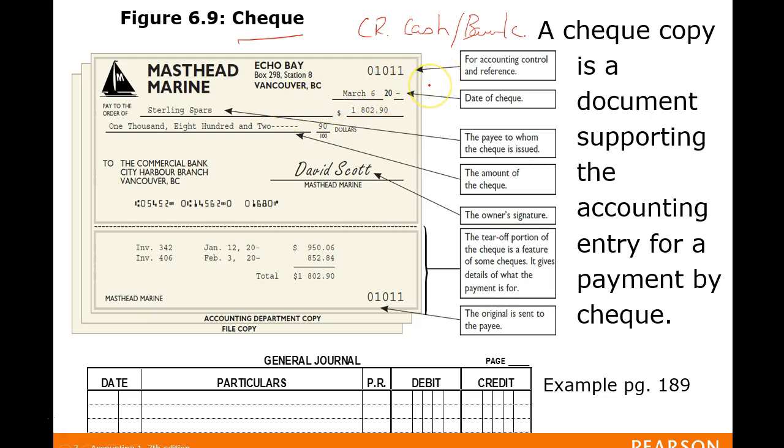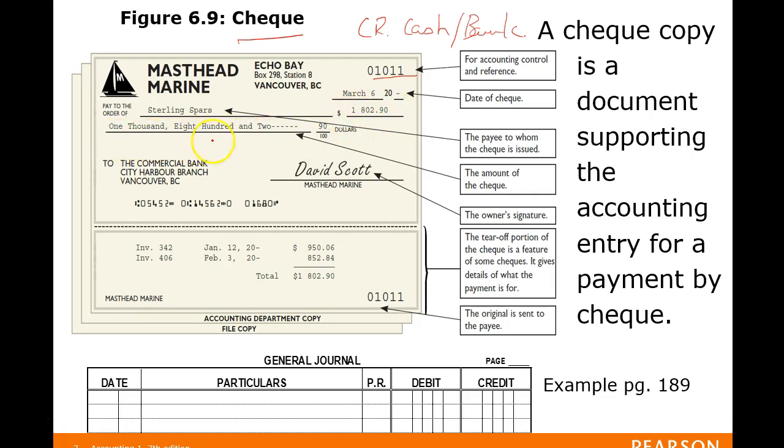So let's look at a check for a second, because maybe you've never seen a check before. We're Masthead Marine, so we've got our letterhead on the check. The check number is 1011. It was written on March the 6th, and we're writing the check to Sterling Spars, which is one of our suppliers, for $1,802.90.